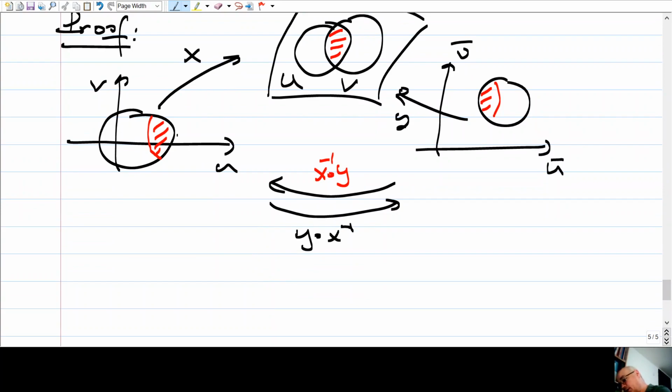So this is defined in the uv plane and takes values in the u bar v bar plane. So we get this. This composition at a point uv is what?